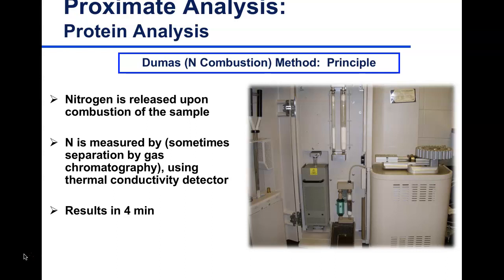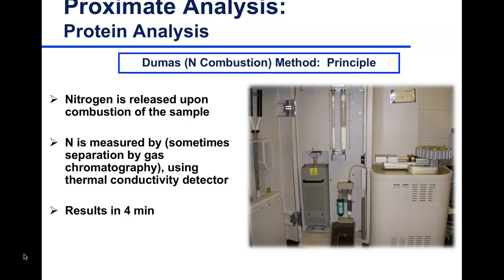What are the other products of combustion that are going to be in your sample? Carbon dioxide, water vapor, things like that.